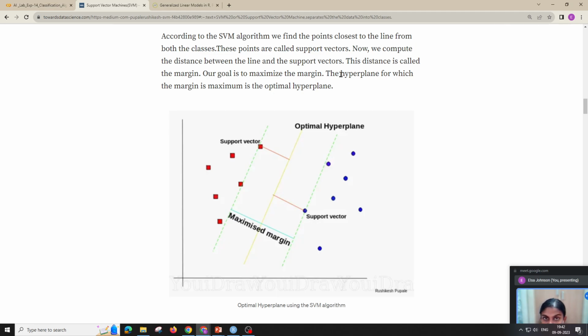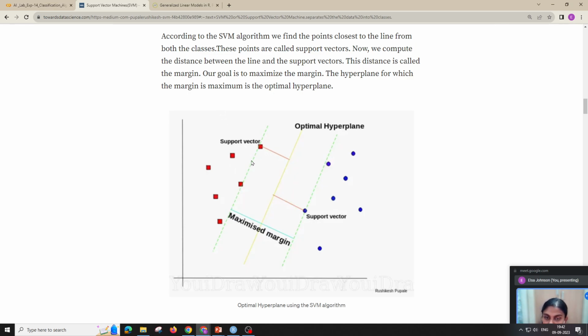We find the points closest to the line from both classes, and these points have a distance from that optimal hyperplane; those are known as the support vectors. We compute the distance between the line and the support vectors, and this distance is called the margin.